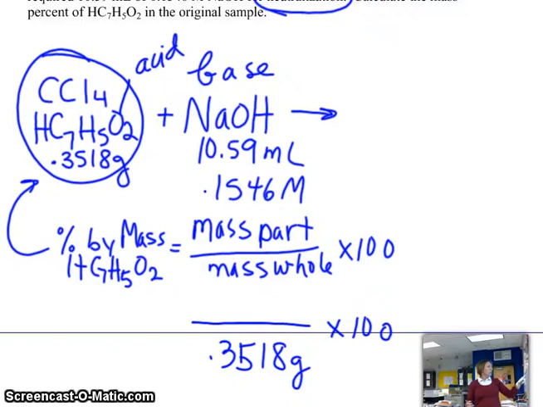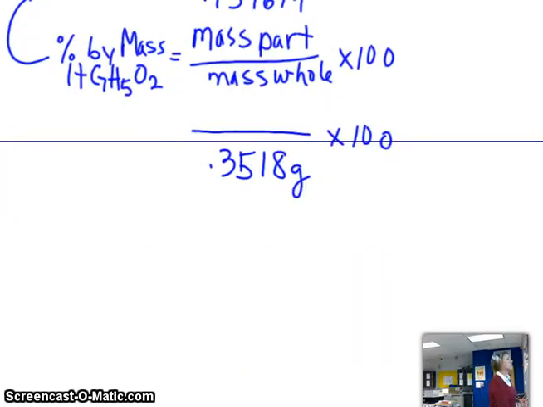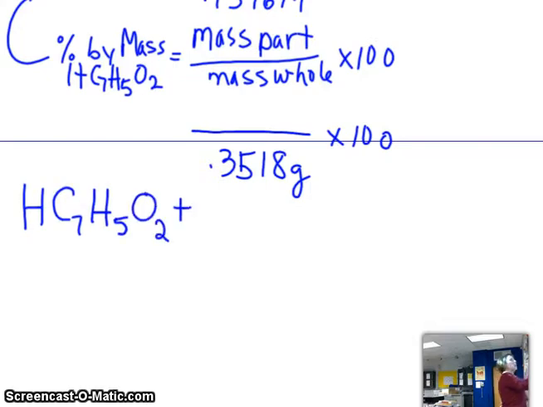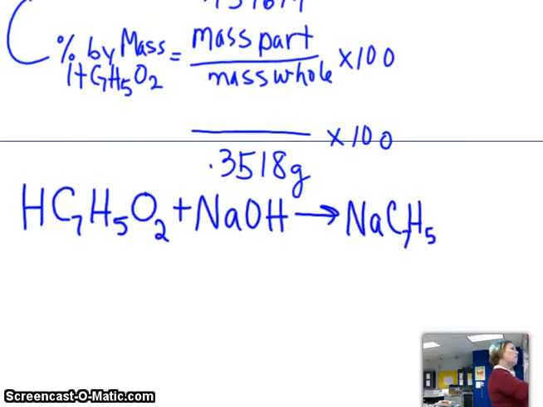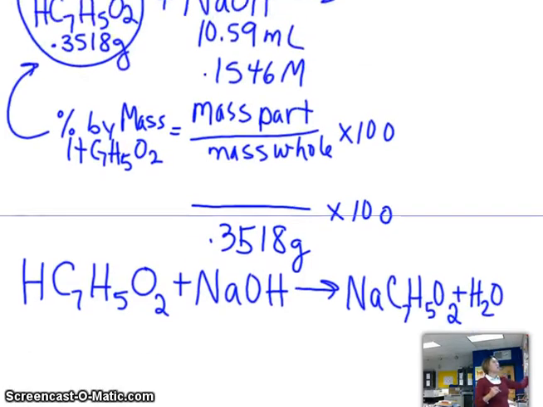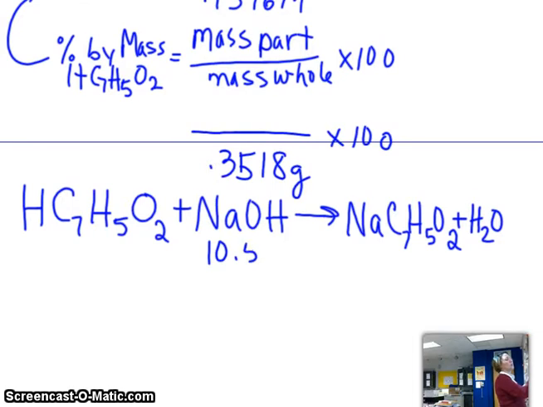So our reaction of interest then, again, always step one, write the reaction, is the HC7H5O2 reacting with the NaOH. They undergo double replacement to make NaC7H5O2, and water. Okay?